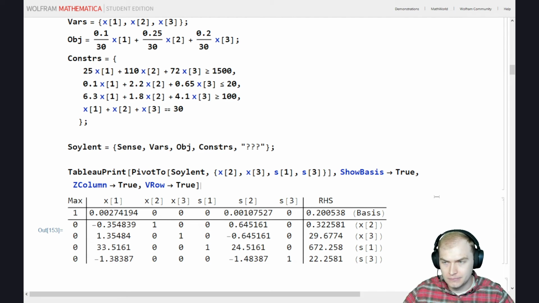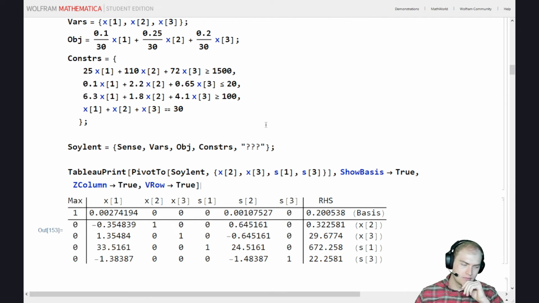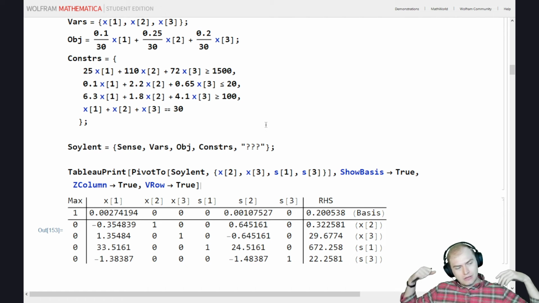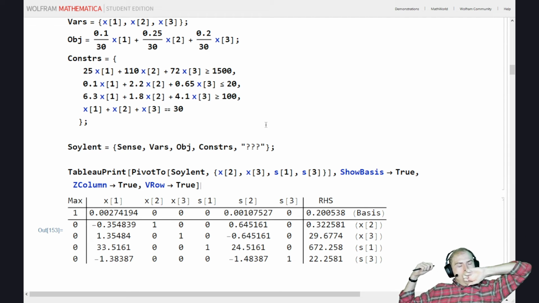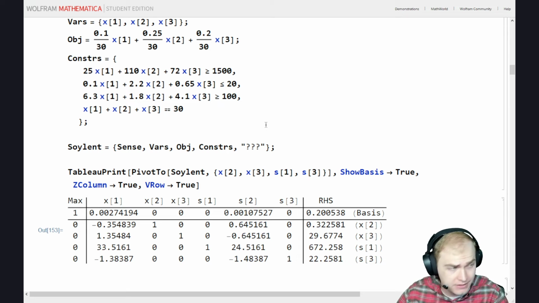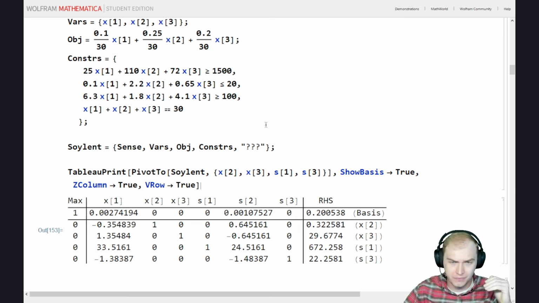I did not include the slack variable for the volume constraint because, excuse me, it is an equality. So the slack variable is always going to be 0. So it doesn't commonly show up in the tableau. And in fact, it could throw a wrench in the works if you tried to include it in the tableau.